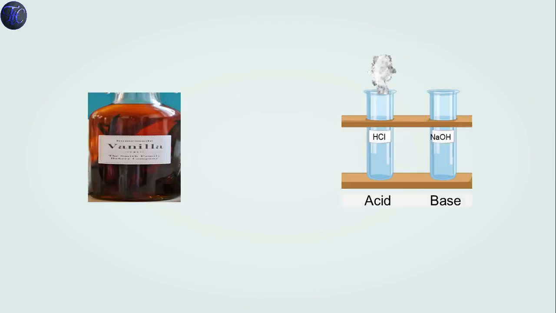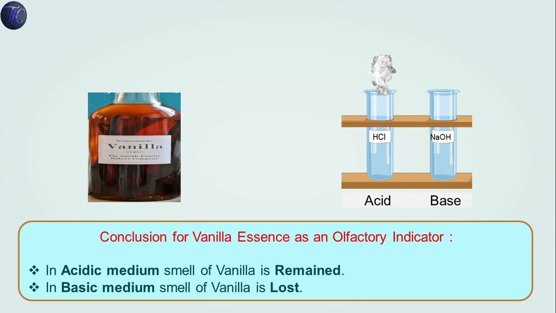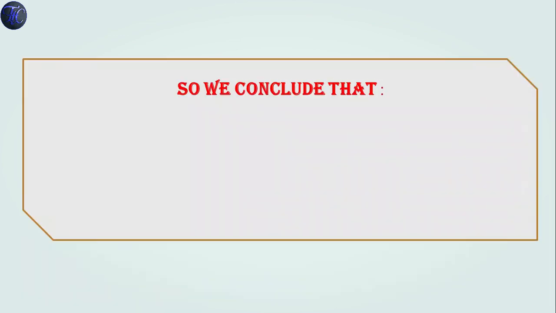The vanilla smell is observed from the HCl solution. Now add a few drops of vanilla essence in NaOH solution. We observe that the smell of vanilla essence is lost in NaOH solution. So we conclude that in acidic medium the smell of vanilla remains as it was, and in basic medium the smell of vanilla is lost. So from these three activities, what do we conclude?